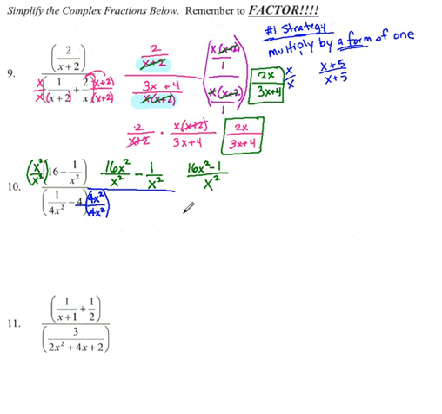And we're going to have it all over the same denominator, 4x squared. So we're going to have 1 minus 16x squared over 4x squared. All right, so we do that subtraction, and then what's left is 1 minus 16x squared. All right, so we have a fraction divided by another fraction.